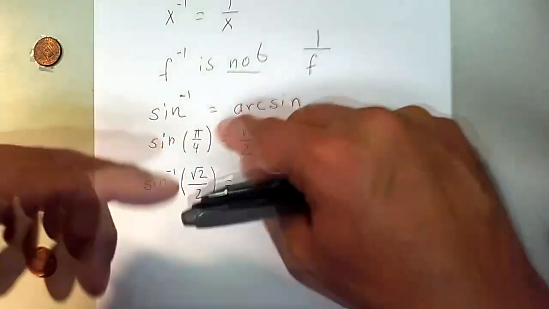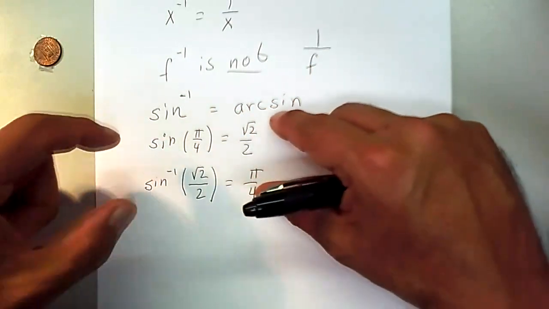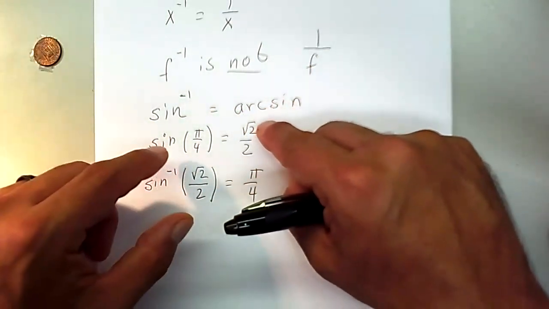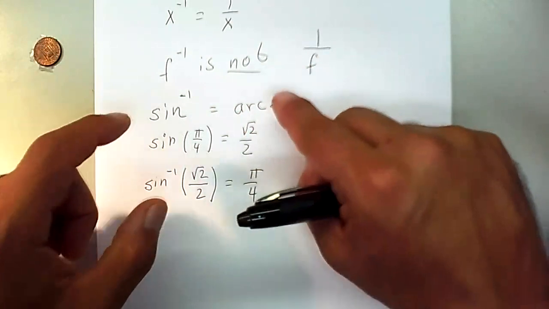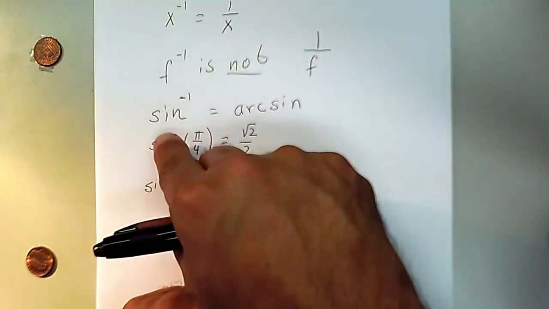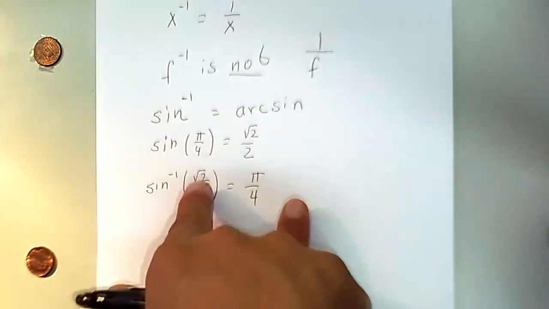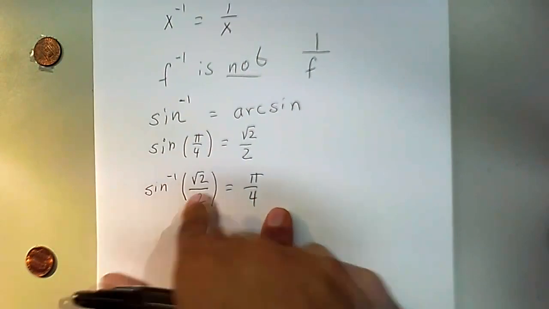Even though there's more things we would have to address to really understand the inverse of the sine and cosine and tangent, the fact remains that the inverse swaps the x and the y. This is x, this is y. In the inverse, they get reversed. This is y and this is x.